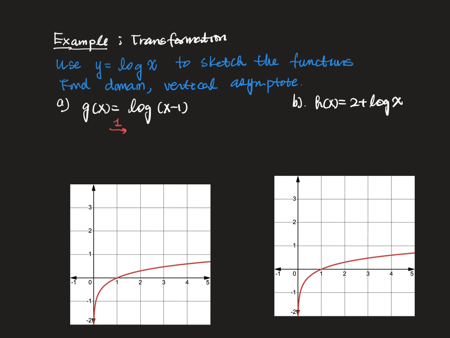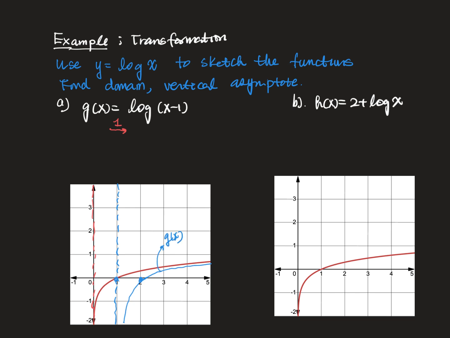So move this vertical asymptote line to the right 1 unit. This point moves here. So we sketch this one right here. That's going to be the g of x graph.